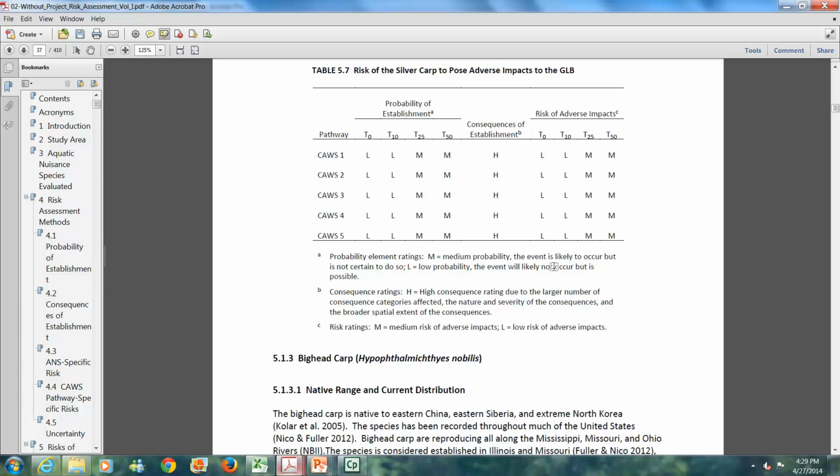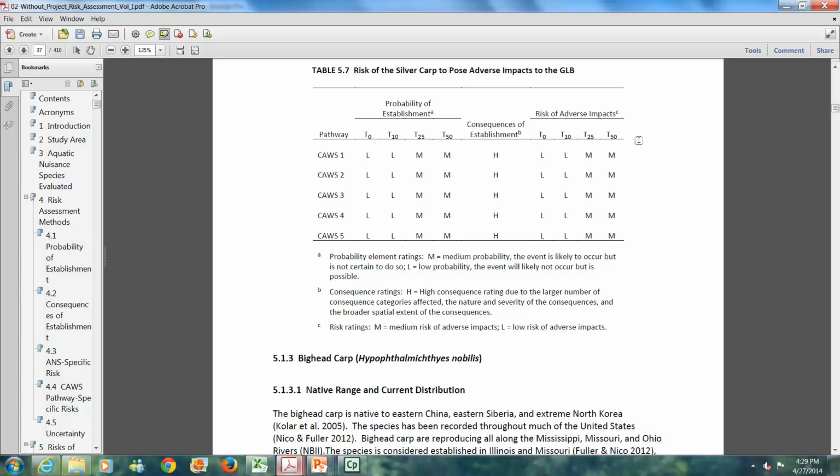So this carries over the probability of establishment and the consequence of establishment. So in this last column, these last four columns where we have the risk of adverse impacts, this is where the overall risk that silver carp pose is summarized. So you can see currently the risk of silver carp becoming established in Lake Michigan is low.